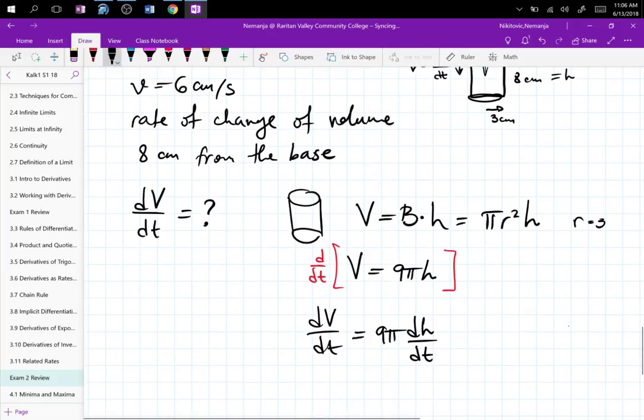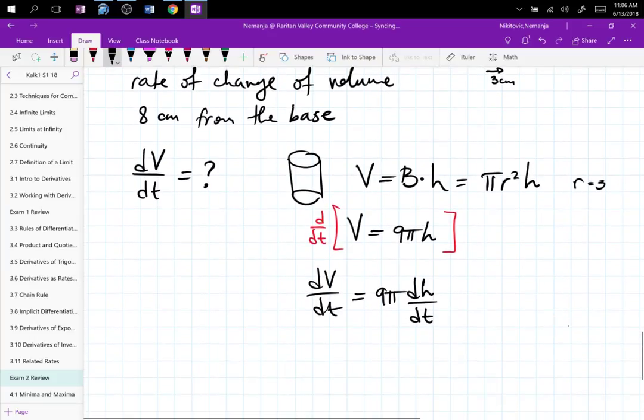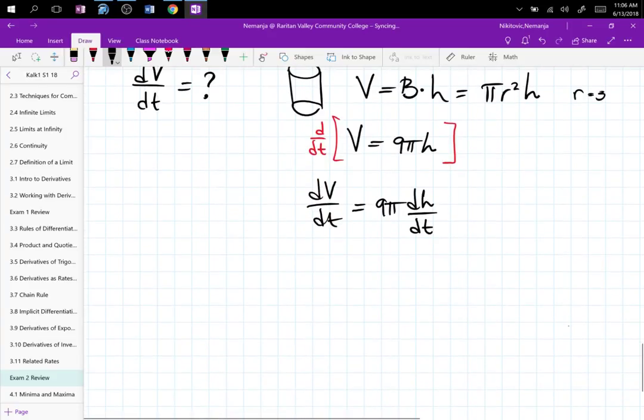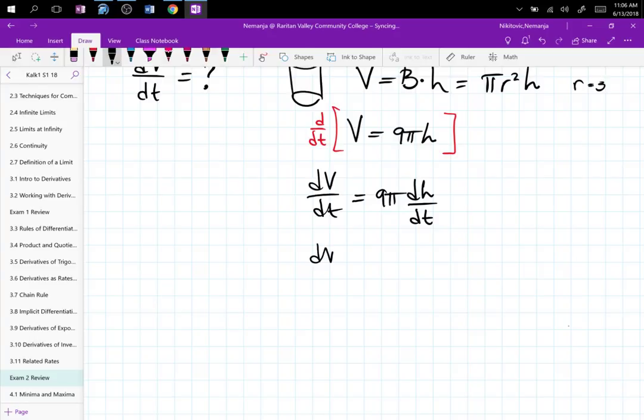dh/dt is given as a velocity, which is given as 6. So dV/dt is equal to 9 pi times 6, for the answer of 54 pi centimeters cubed per second.